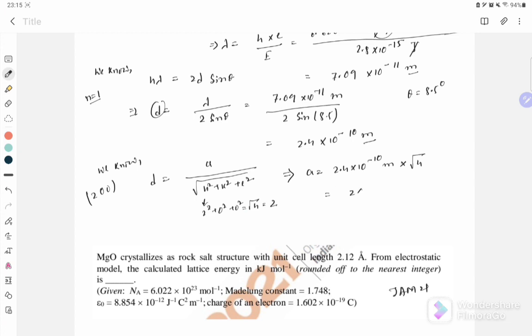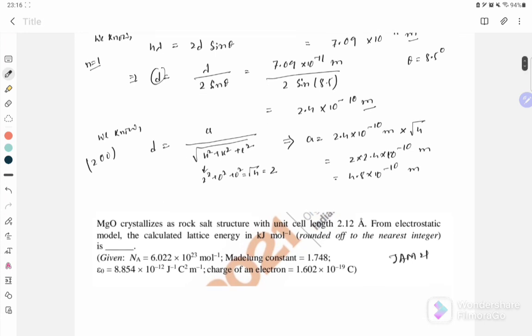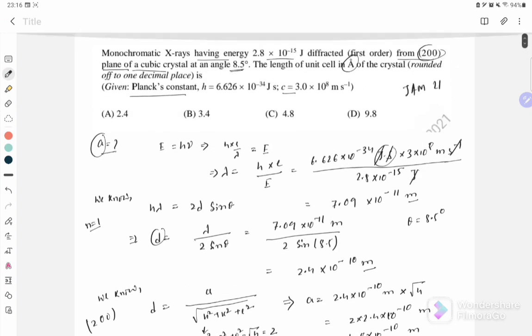So 2 into 2.4 into 10 to the power minus 10 meter is 4.8 into 10 to the power minus 10 meter. And we know that 1 angstrom is equal to 1 into 10 to the power minus 10 meter. So this is 4.8 angstrom. We got our answer, that is option C.